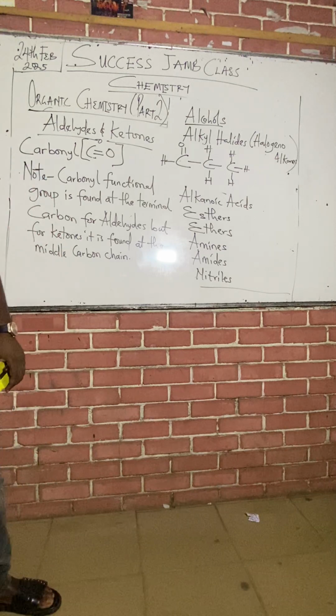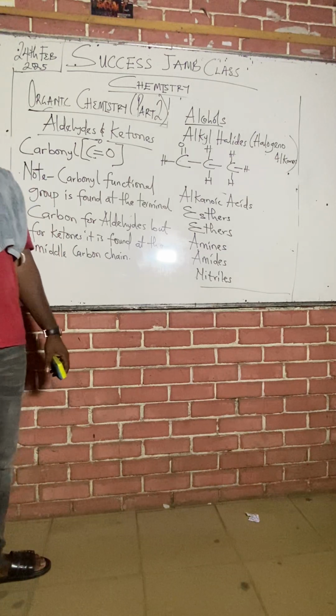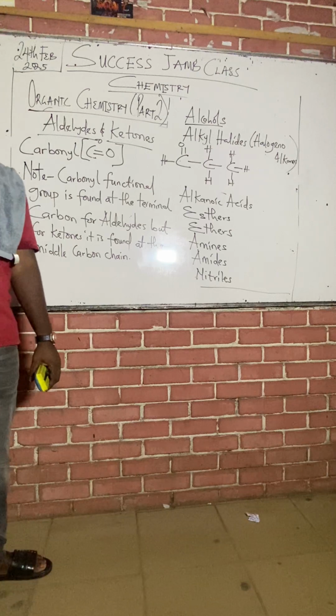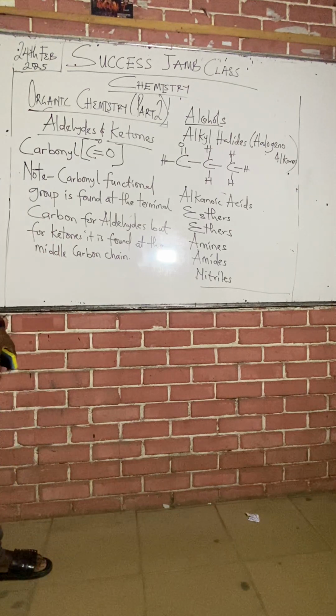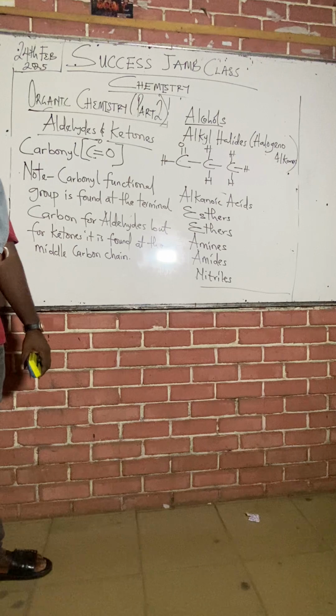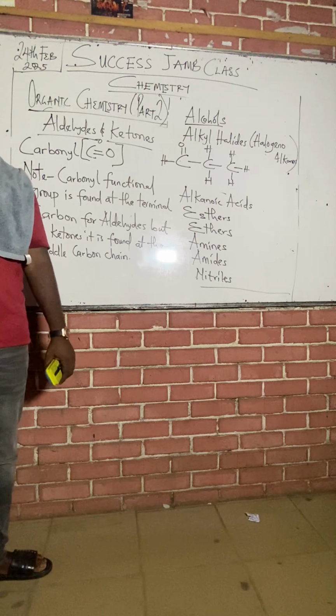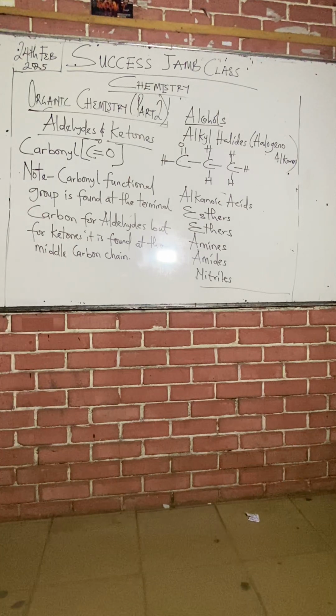The carbonyl group of aldehydes contains hydrogen, but the carbonyl group of ketones does not contain what? Hydrogen.